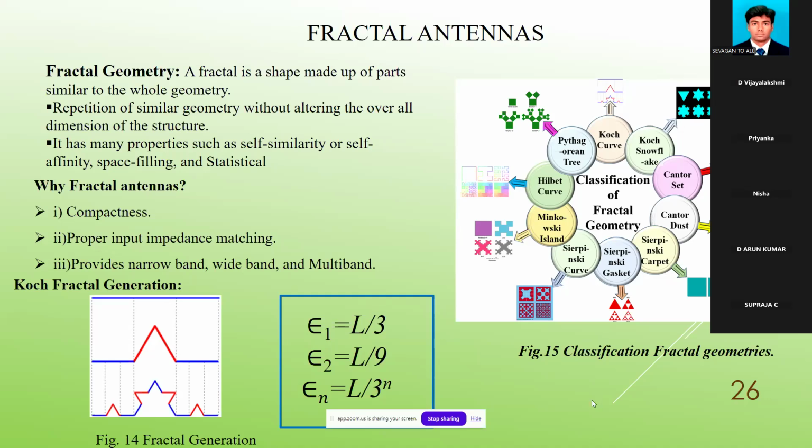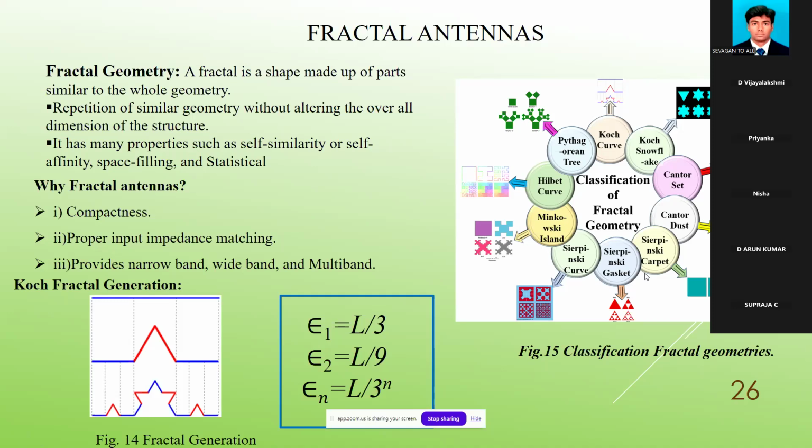Coming to the classification of fractal geometries, various types are there. You can start from the Sierpinski curve, Sierpinski gasket, Sierpinski carpet, Cantor dust, Cantor set, Koch snowflake, Koch curve, Pythagorean tree, Hilbert curve, Minkowski island. All varieties are there. We can consider a single variety, or many varieties, which will be a hybrid type.